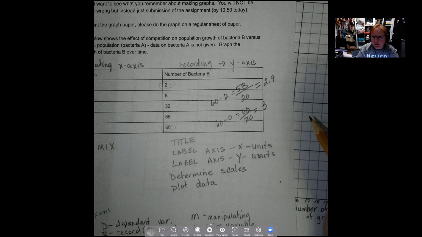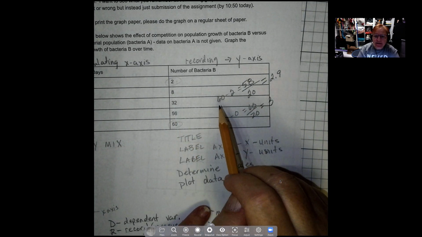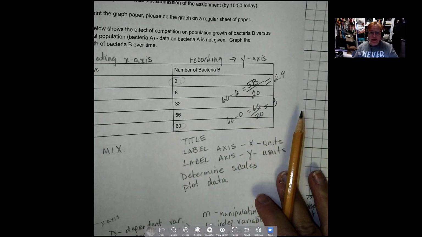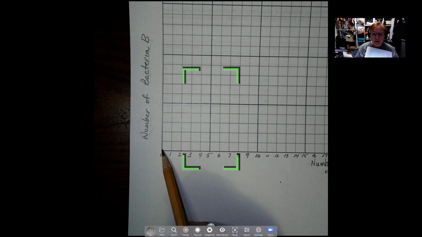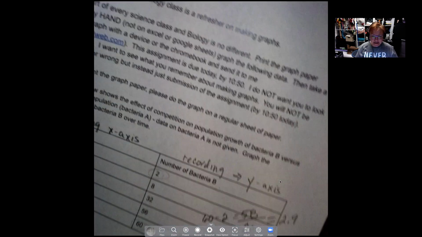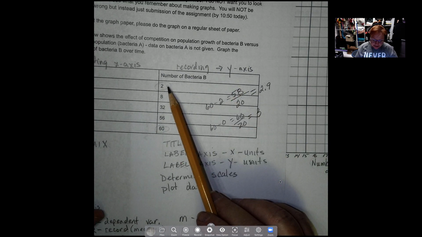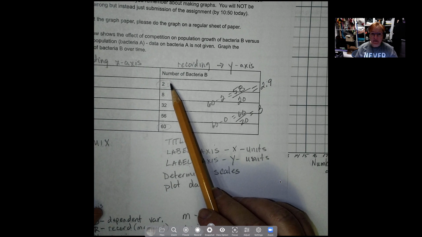3, 6, 9, 12. You could also just count by 5s. 5 would work as well. One more time, the reason why I did this twice is because 2 was already so close to 0, and I know that I'm actually going to make where I start counting be 0, because 2 is close to 0. Now, if this data was a lot different, and let's say the data started at, I don't know, even 40.